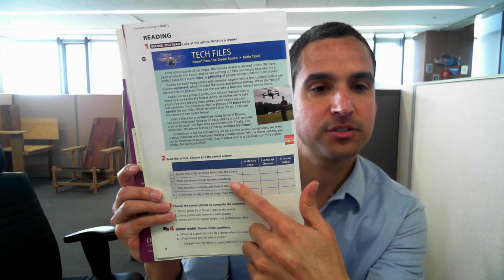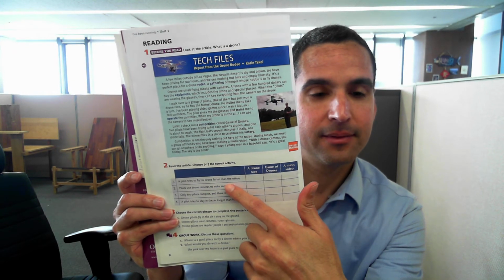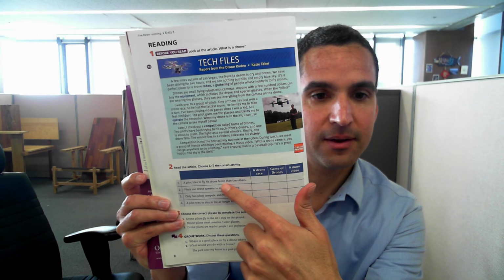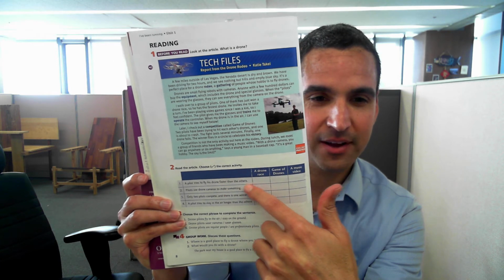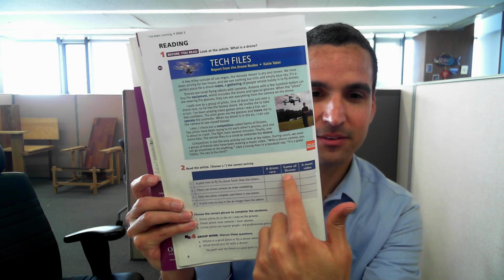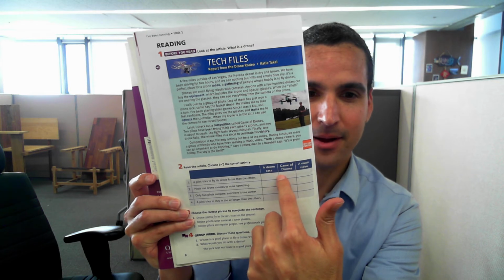Any questions, just please write in the comments. And let's go ahead and complete the chart. Let's choose the correct activity. We'll check one of these. Let's read number 1. A pilot tries to fly his drone faster than the others.